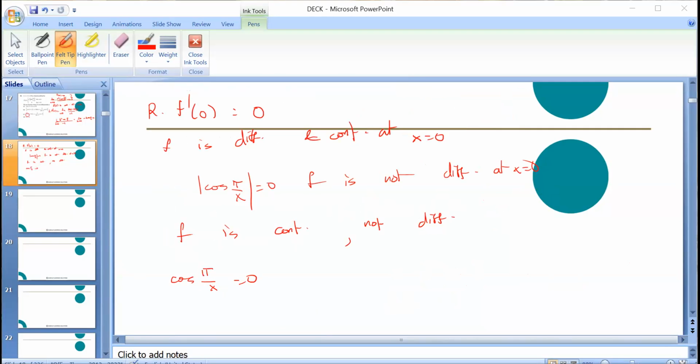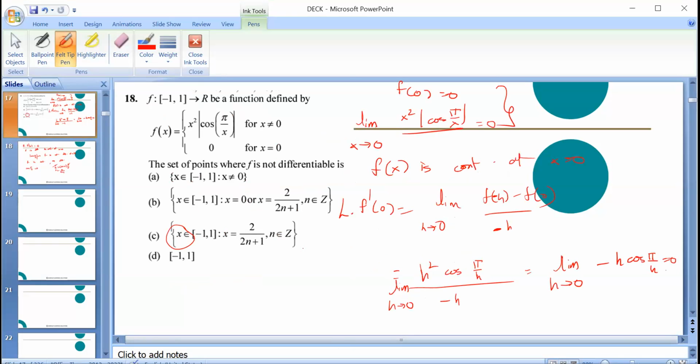That means pi by x being odd multiple of pi by 2. Or x is 2 by 2n plus 1. So don't include 2 by 2n plus 1. That's why we are selecting option C.